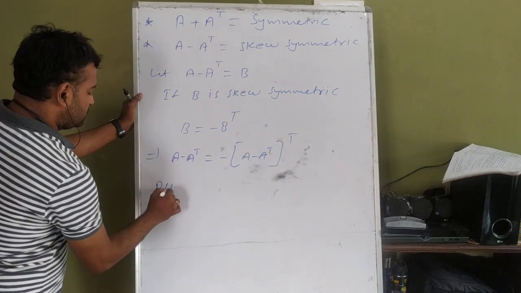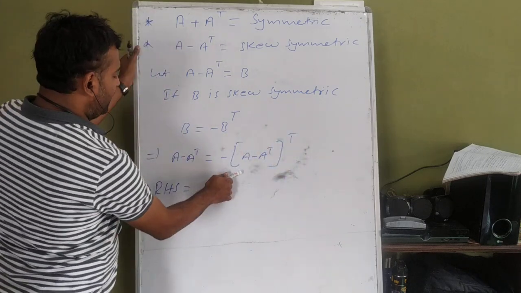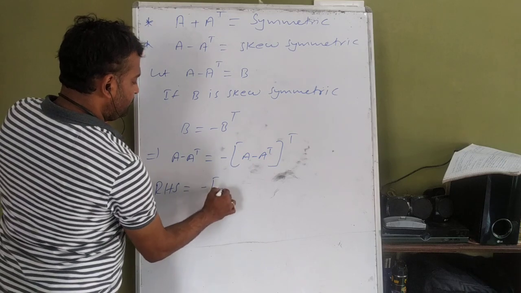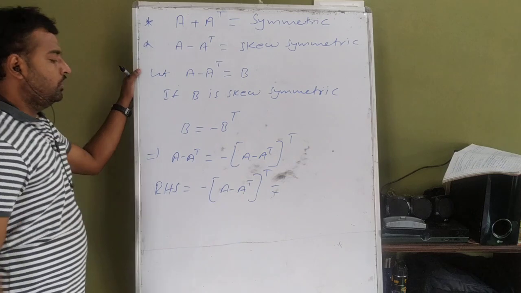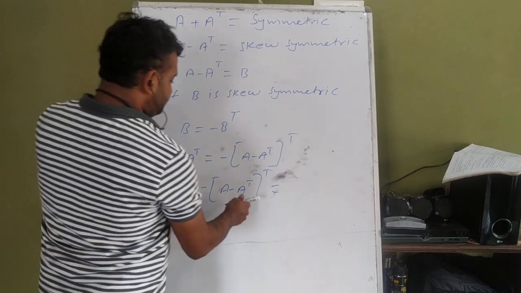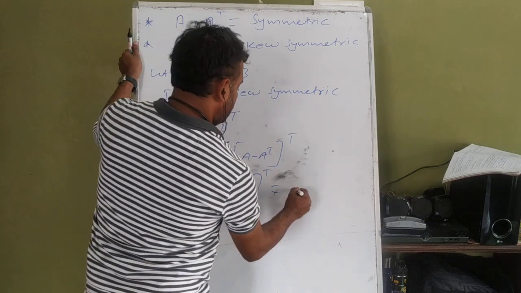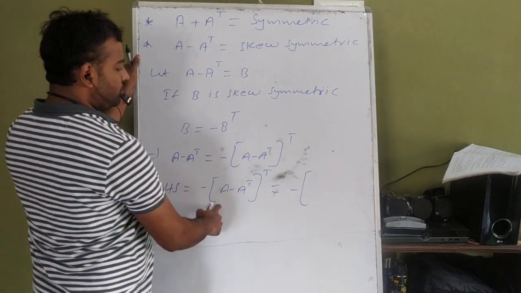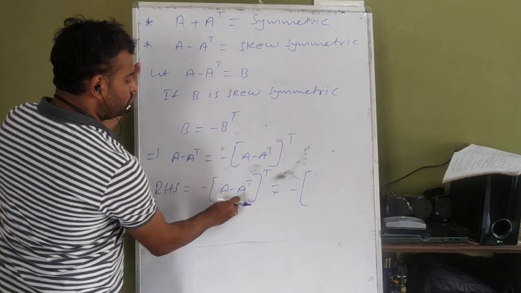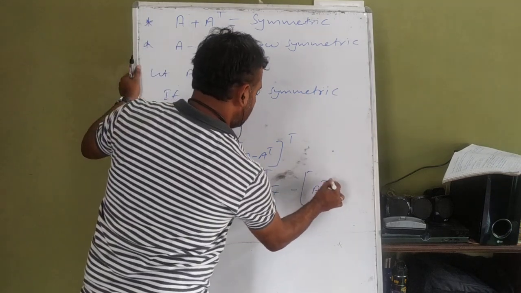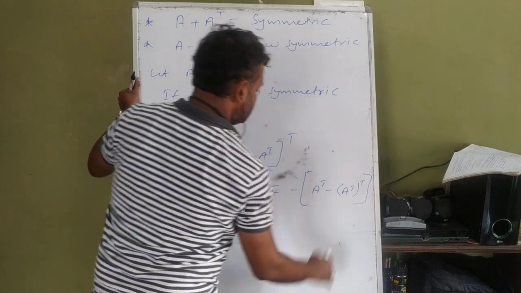Now we are going to prove from the RHS. What is the RHS here? The RHS is minus of A minus A transpose whole transpose. By the properties of the transpose, the two matrices whole transpose can be written as A transpose minus A transpose whole transpose.